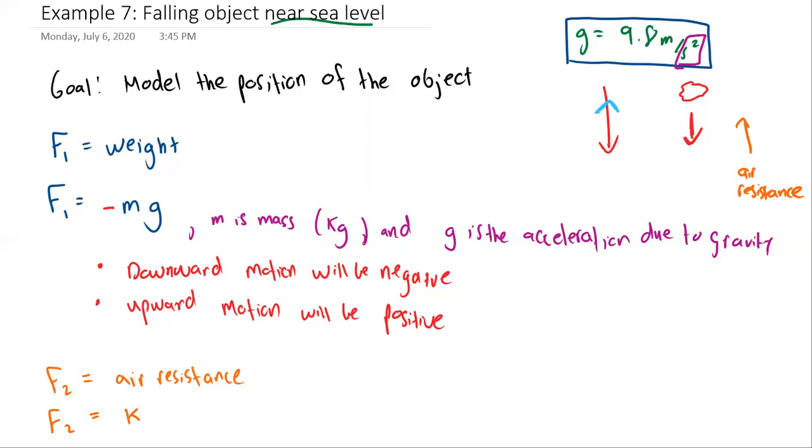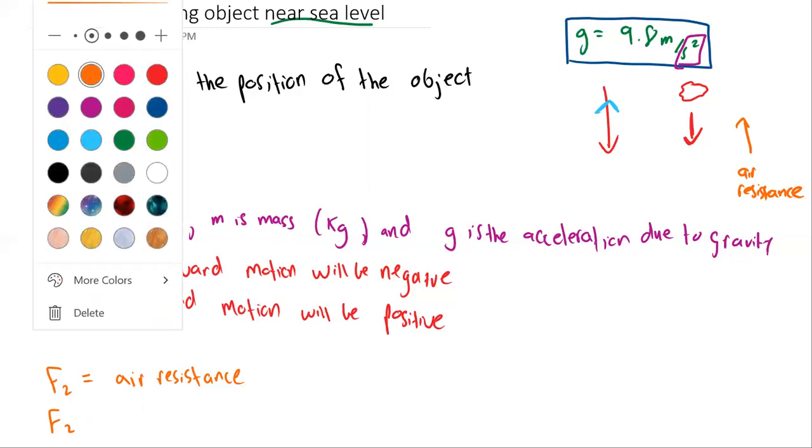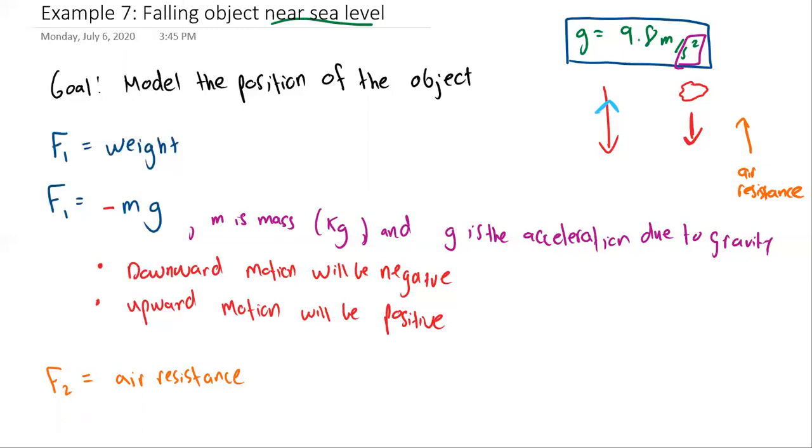So actually, let me write it like this. Write it as a note. And again, you're not supposed to know this, but it's something that you can assume in a situation like this. So air resistance is proportional to the velocity of the object.